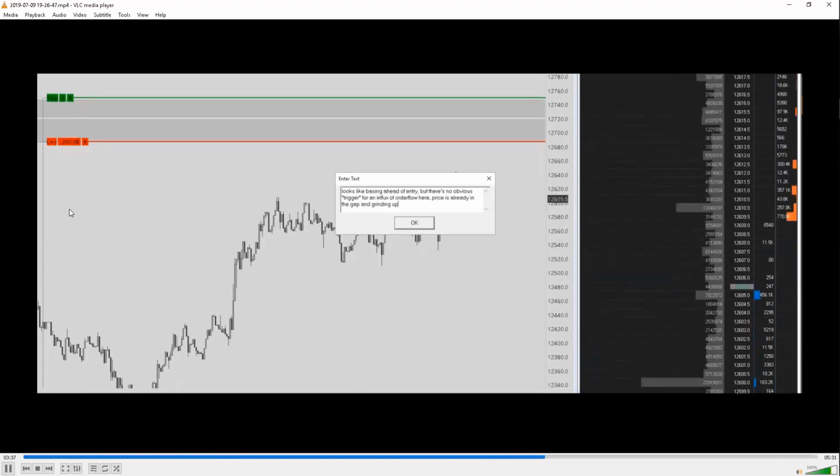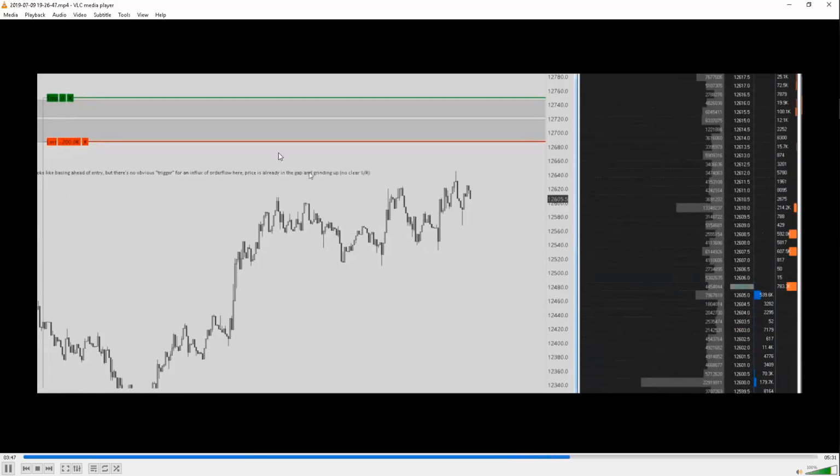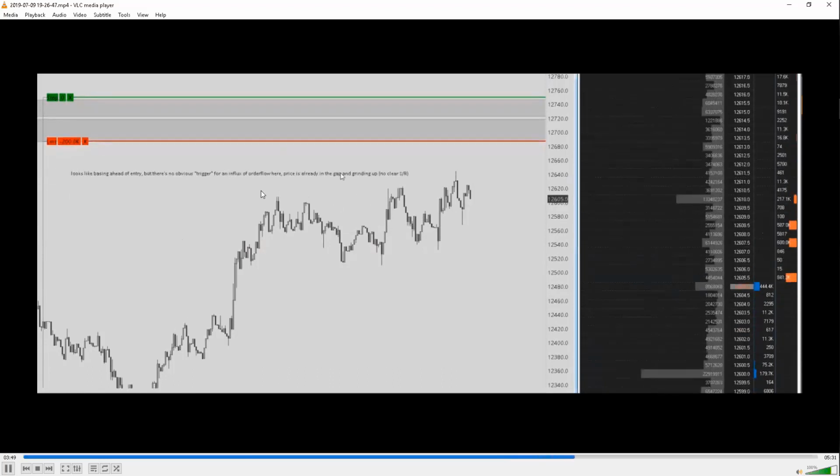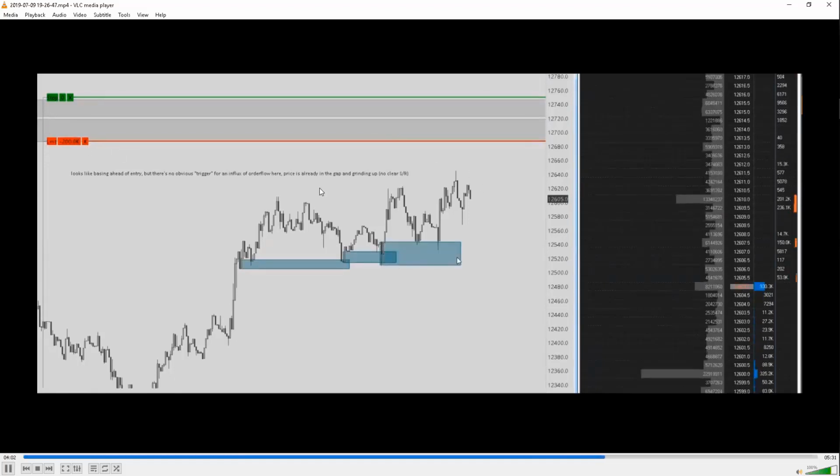And so price being in that gap, it hasn't led to a gap slip. Okay, so there's no obvious trigger for a kind of breakout rush here, an influx of order flow, which would make my entry less attractive.